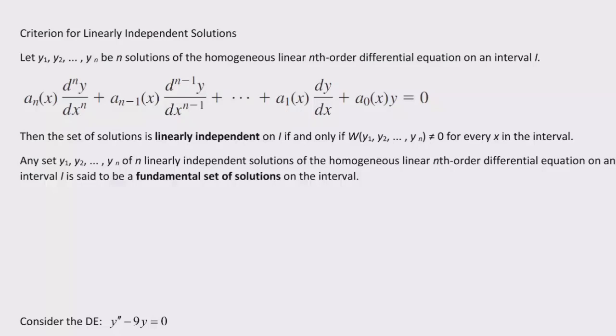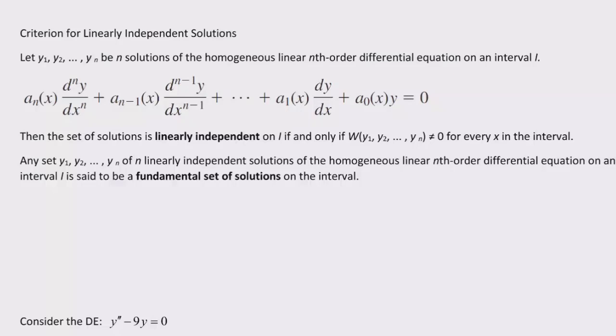Then the set of solutions is linearly independent if and only if the Wronskian is not equal to 0 for every x on that interval. Any set of y1, y2, all the way up to yn of n linearly independent solutions of a homogeneous linear differential equation is said to be the fundamental set of solutions on that interval.